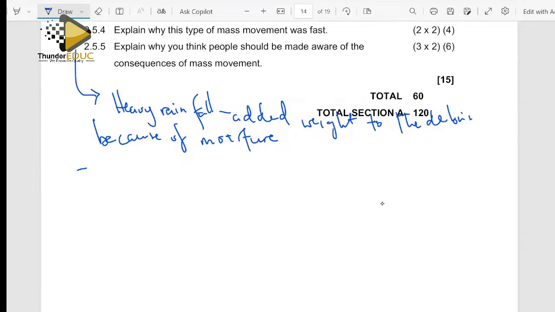And also we can argue that there was lubricating moisture. The presence of lubricating moisture will also facilitate a smooth movement of the eroded material, and then it can move faster. And also we can talk of the gradient of the slope.